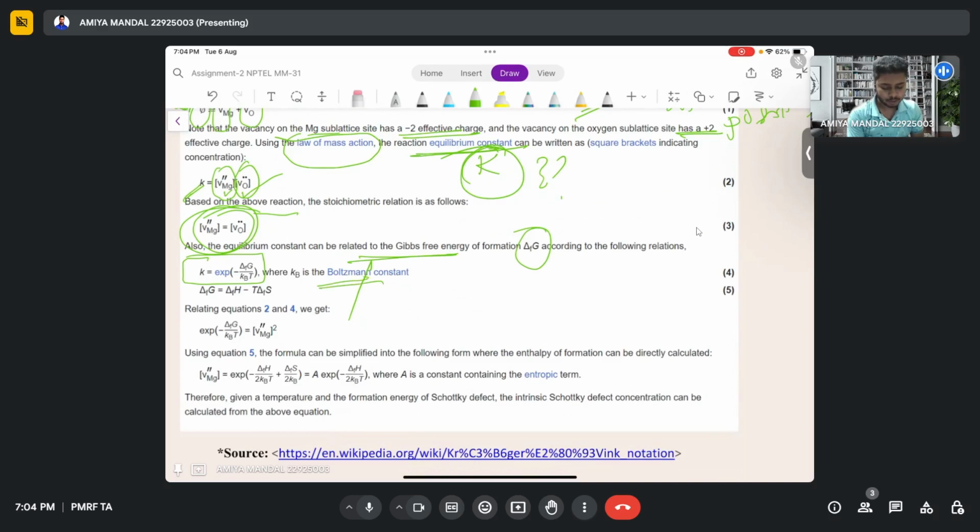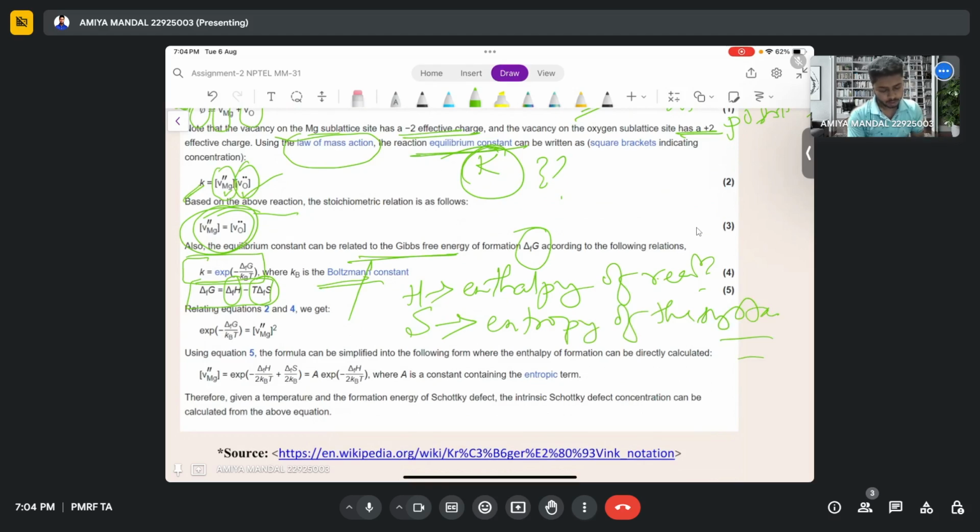kB is the Boltzmann constant, we already know it. And how can delta G be represented? Delta G is nothing but delta H minus T delta S. Delta H is the enthalpy of the reaction, and delta S is the entropy of the system.